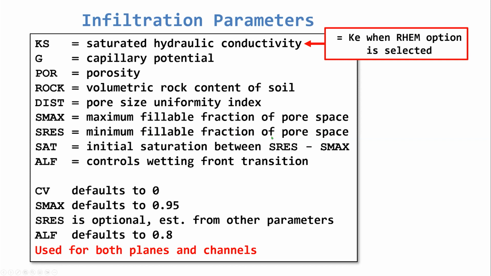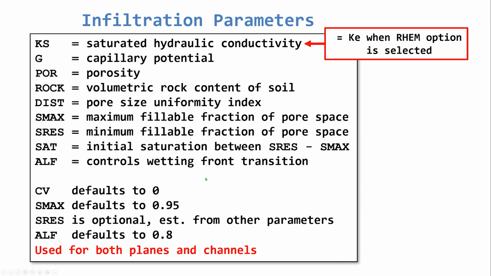In other words, unless you put the soil in an oven and dry it out and drive out all of the water in the sample, there'll be some minimum pore space that just will typically not drain out because of the strength of the suction terms. And again, the initial saturation is between these two values.